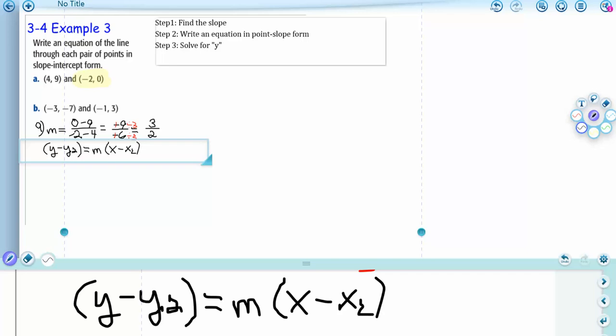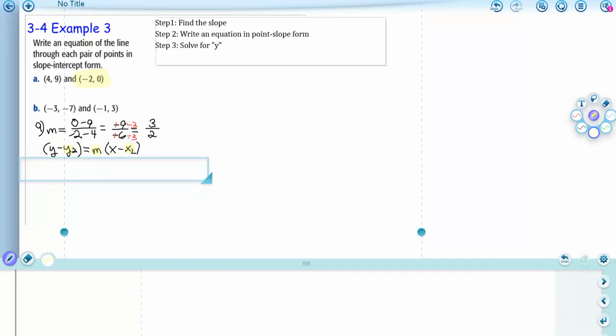So all I have to do is fill in a number here, a number here, and a number here. This is just putting numbers in the right spot. So it's just practice, practice, practice.